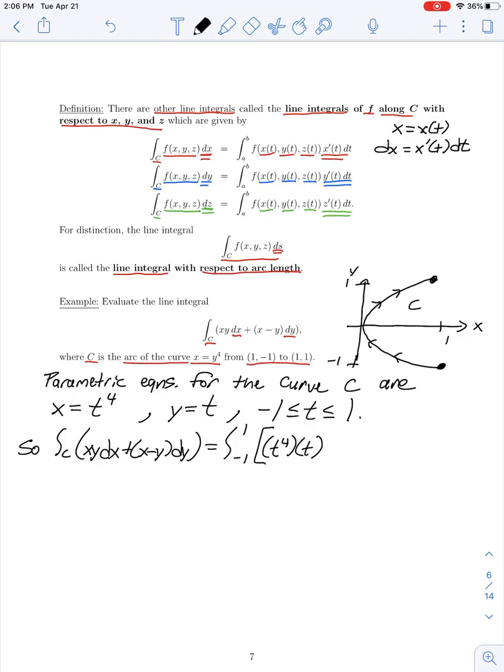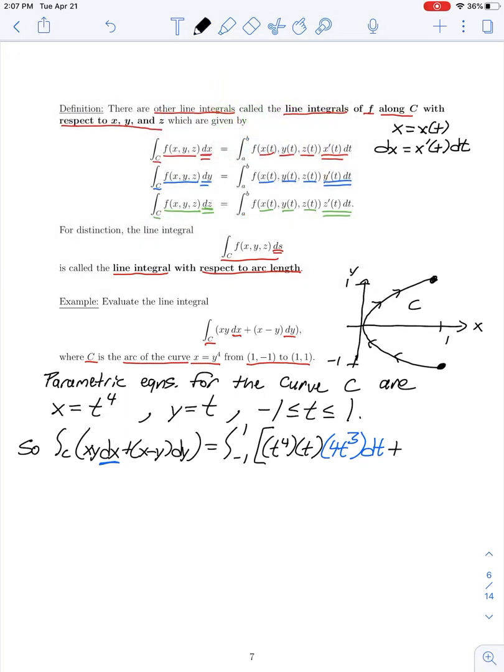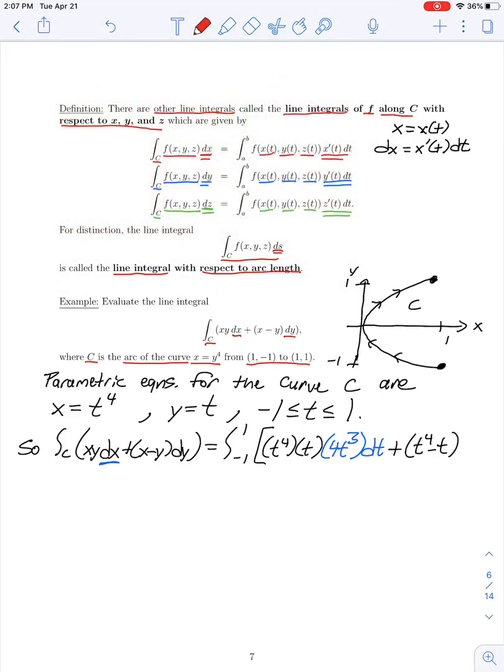And then our differential of x, this term here, well, x was t to the 4th, so we're going to multiply by its derivative. That is 4t cubed times the differential of t. Then we add, for the next part of it, we had x minus y, so that is t to the 4th minus t, times the differential of y, dy. Now here y was equal to t, so dy is then just 1 dt.